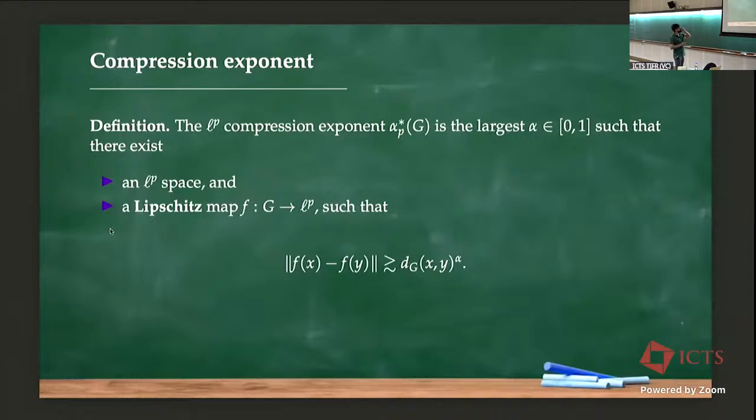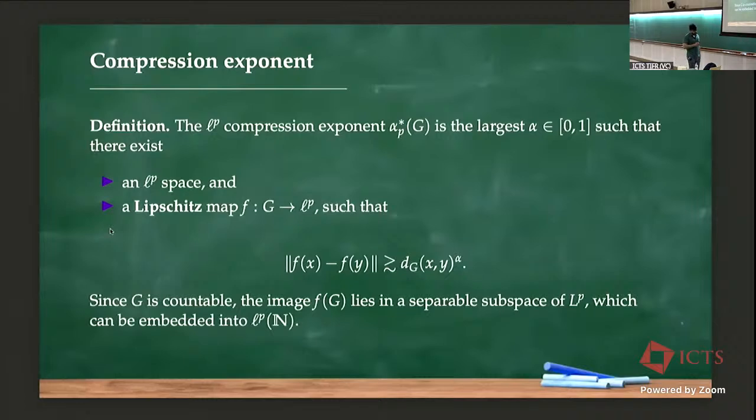The LP compression exponent is the largest alpha, which can be at most 1, can be 0, but it's between 0 and 1, such that we can find an LP space and a Lipschitz map such that, this is not quite bi-Lipschitz, but the lower bound that we get is some power law of the distance. So alpha can be strictly between 0 and 1, can be 1, can also be 0, but that's basically the definition.